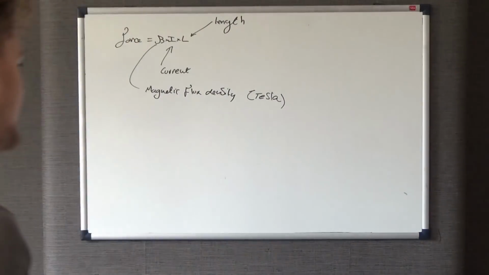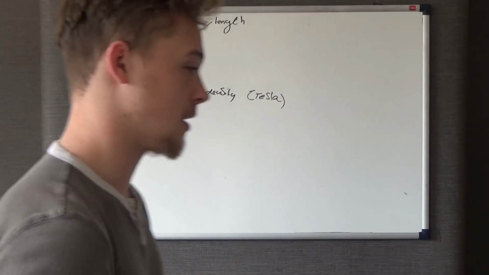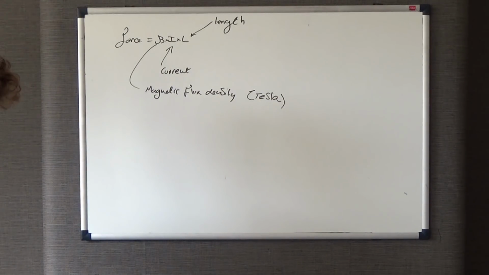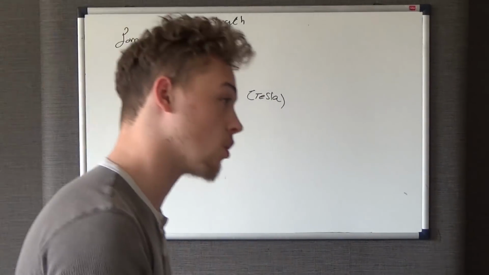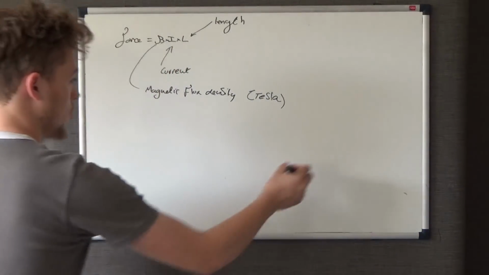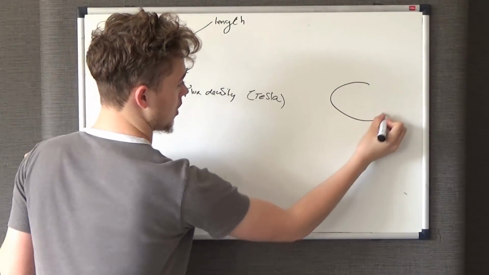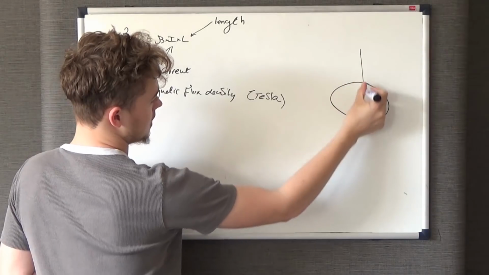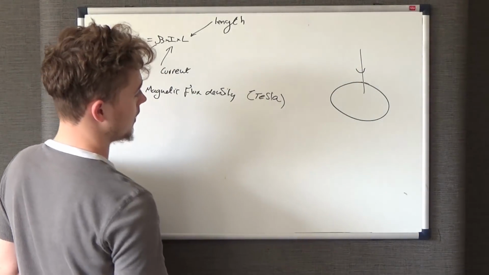Now, the way I think of it, because it's going to help us to understand total magnetic flux linkage, is generally associated with, say, a horizontal plate here.